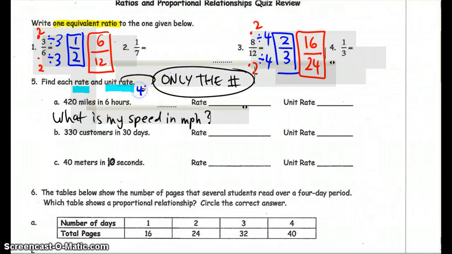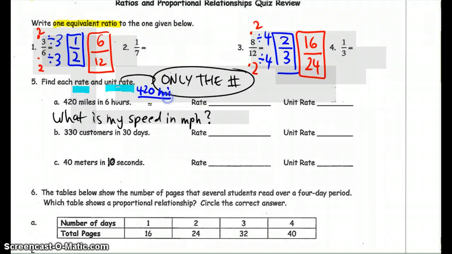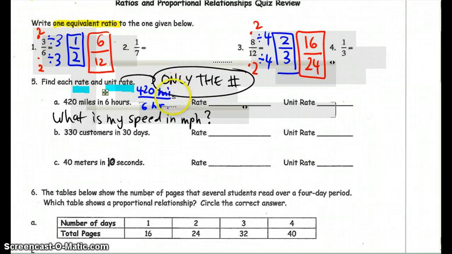I'm simply going to divide 420 miles over 6 hours. Now, I happen to write this as a fraction because when I read it, I always read it from top miles down to hours. So I know that I've written it correctly. So when I go to divide, I know that the number on the top goes in the box.